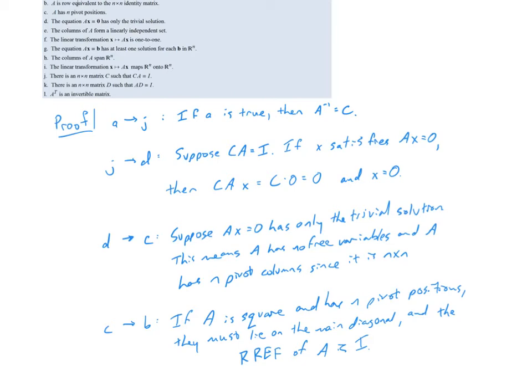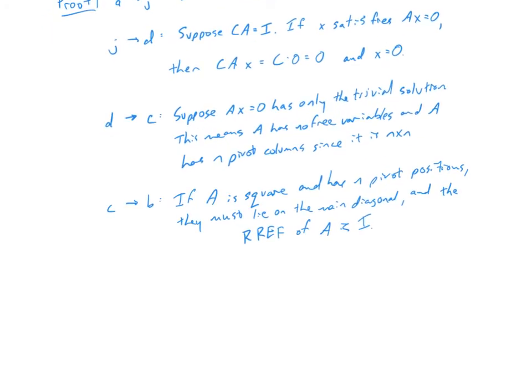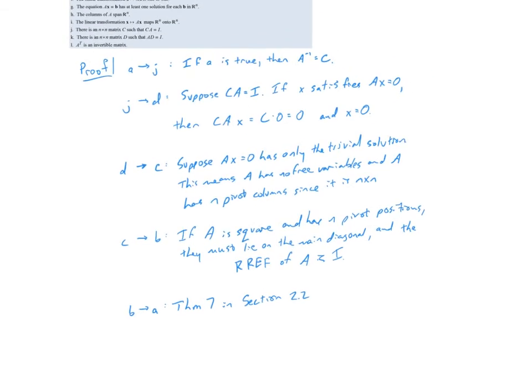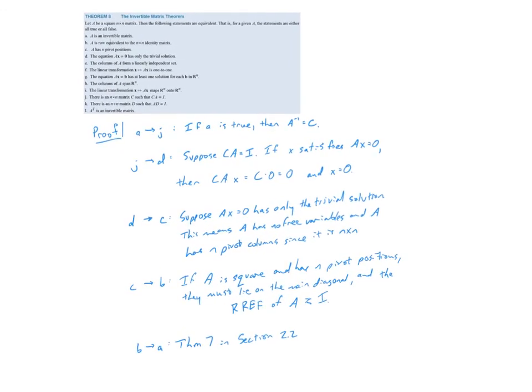All right. And the last one to close this loop is already something that's been shown earlier in the text. So this is a fairly anticlimactic ending to this part. But to show that B implies A, this is already stated in Theorem 7 in section 2.2. So we don't need to say it again if we've already shown it. Okay, so that is just the first loop of the invertible matrix theorem.